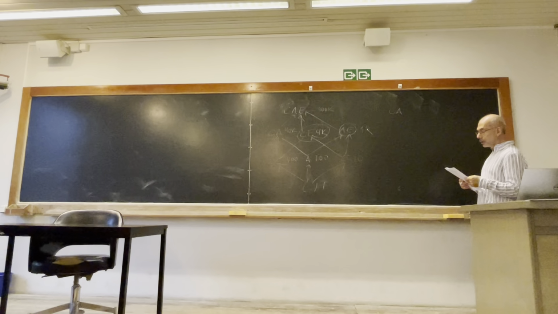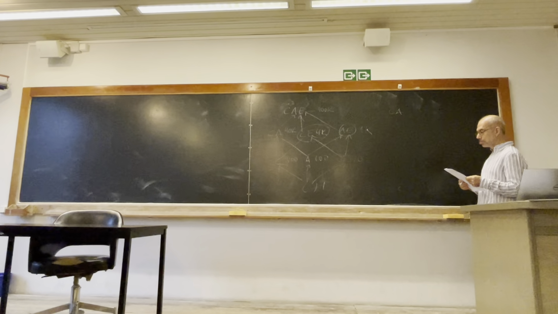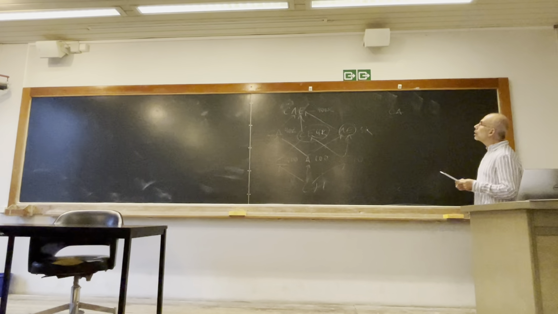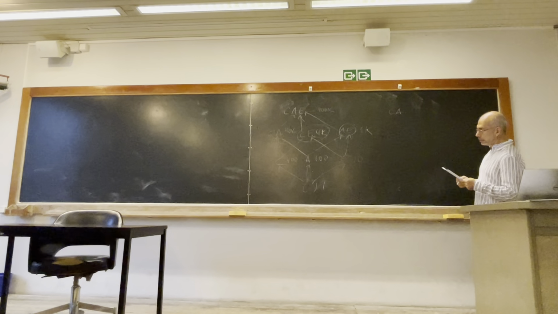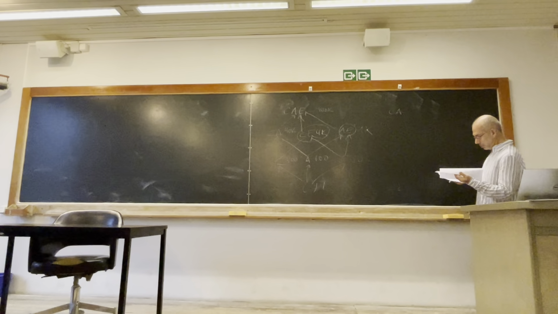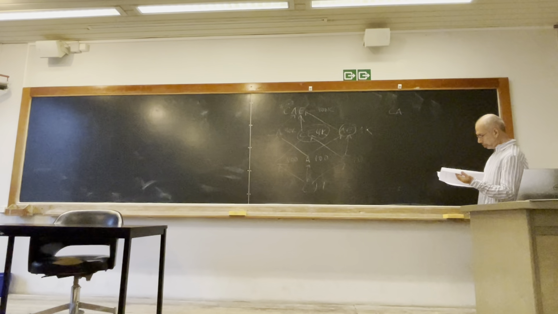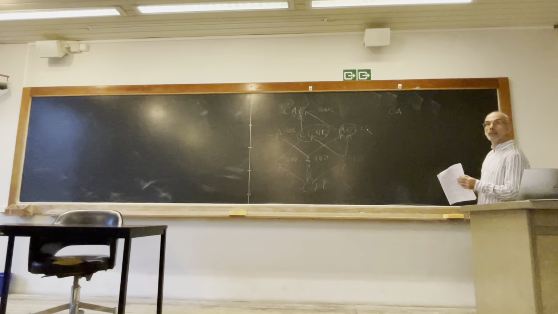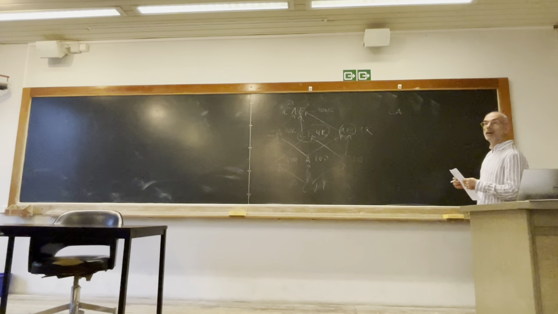Maybe I'm wrong, but CA is 20%, and we just multiply with that. We have to add the individual weights, like for CA is 20%, but we have to add the weights for C and the weights for A.